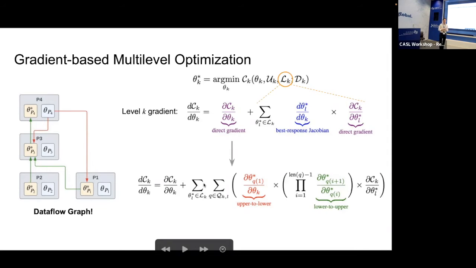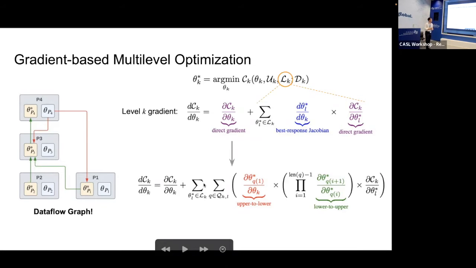For example, in the previous teacher-student example, the student solution is constrained by the teacher's current homework, theta 2. So L1 is a function of theta 2, and we want to take this into account when calculating the gradient. And even though we had just two agents in our previous example, in real scenarios there can be far more complicated interactions between multiple agents, and that can all be formulated by recursively applying the chain rule, as in the equation below.